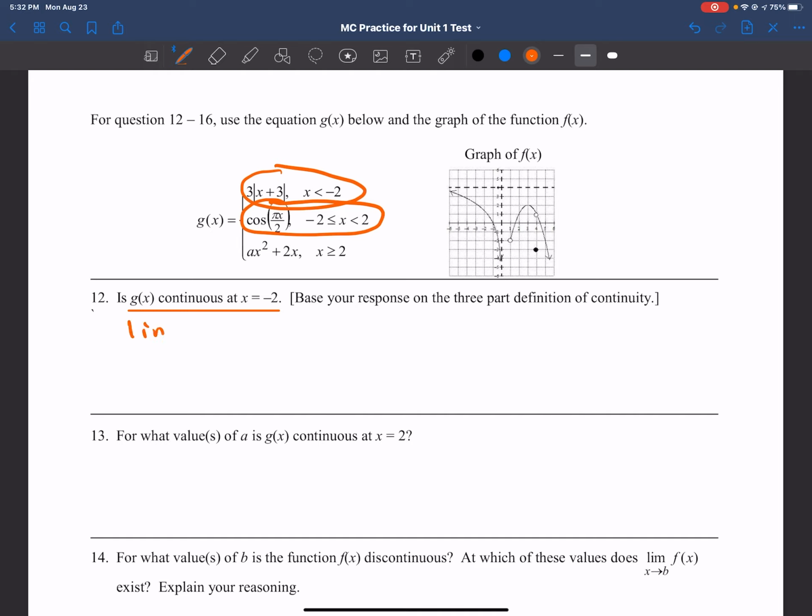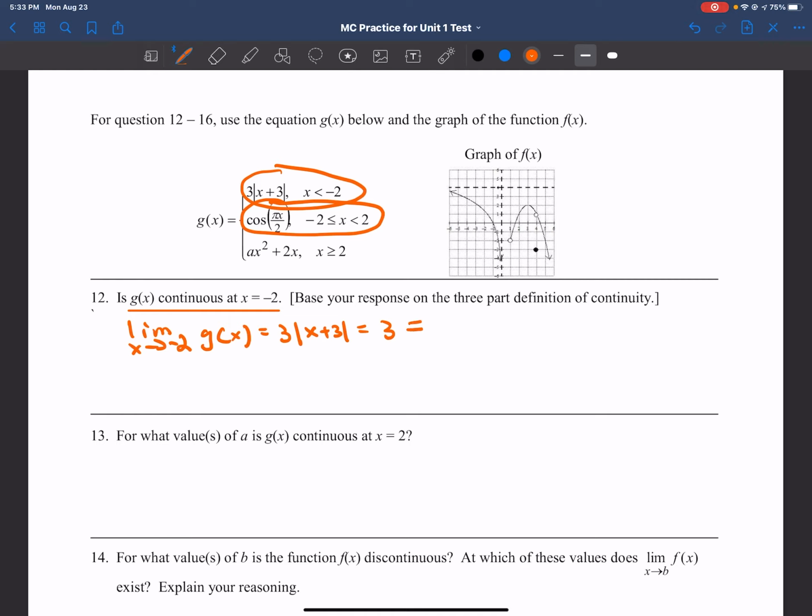So as limit of x approaches -2, g of x equals 3 absolute value of x plus 3. And that equals 3, because if we plug in -2 for x, we get 1. Absolute value of 1 is just 1. 3 times 1 is 3.